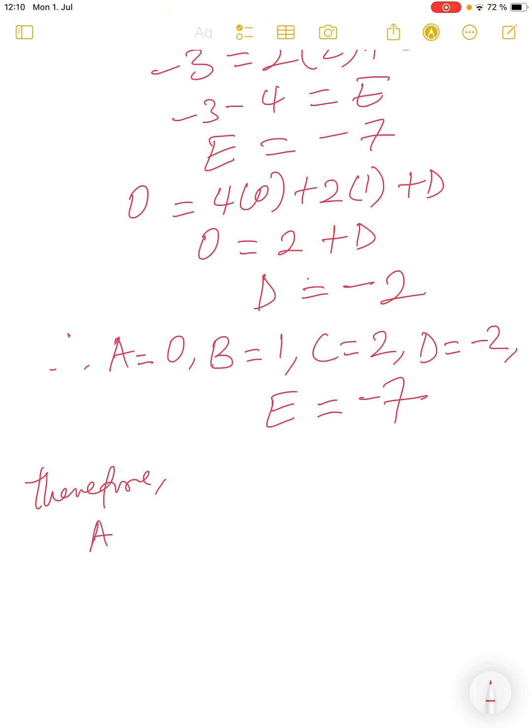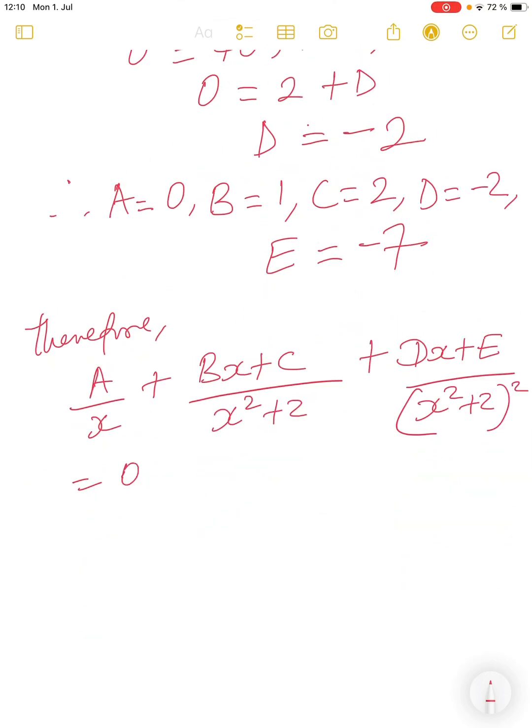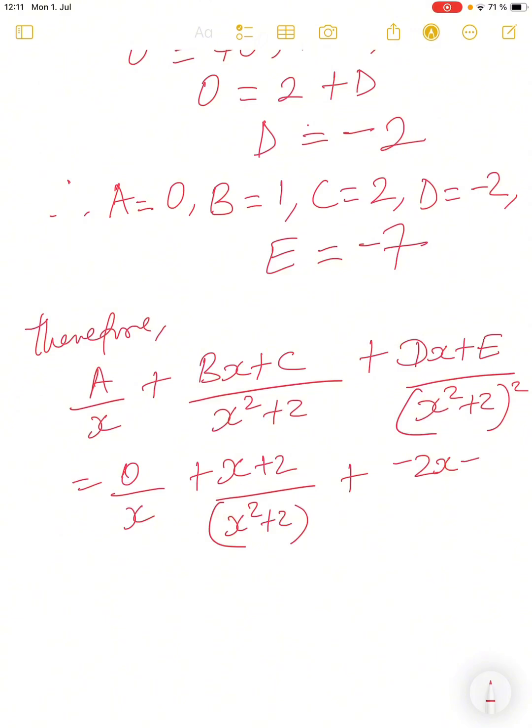Our equation, which is a over x plus bx plus c over x squared plus 2, plus dx plus e over x squared plus 2 all squared, will now become 0 over x plus, our b is 1, times x plus 2, which is c, all over x squared plus 2, plus our d is minus 2x, minus our e is 7, minus 7 over x squared plus 2 all squared.